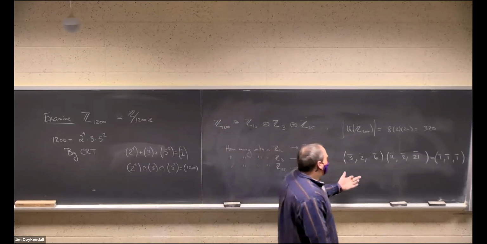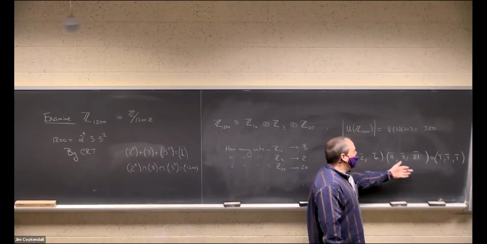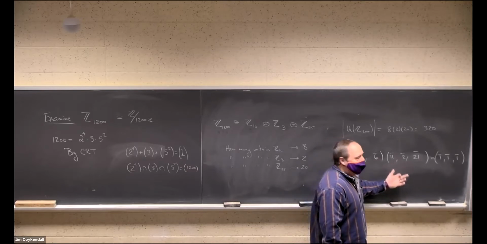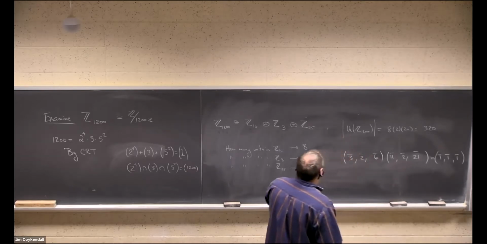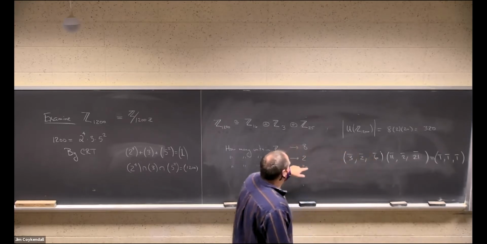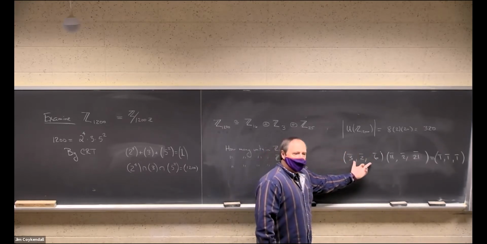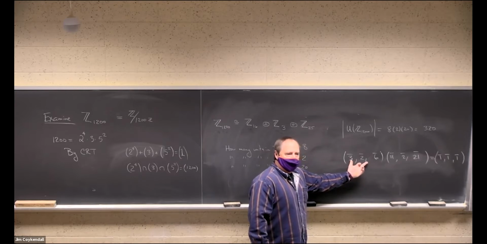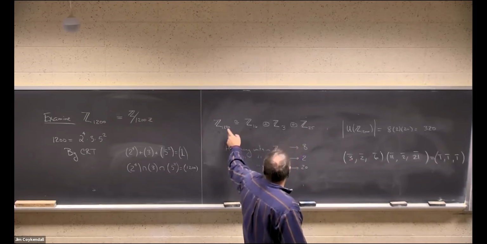Now, if you figure out what this element is, by the way, do you know how to figure out what the corresponding element is in Z mod 600? Or, I'm sorry, Z mod 400.